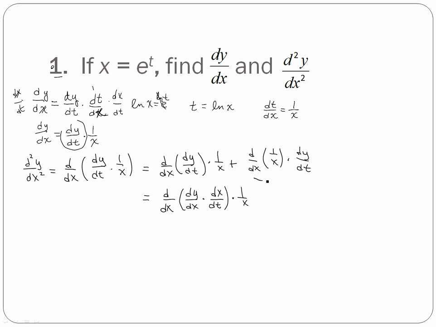And on this second term, I can just take the derivative of 1 over x with respect to x. That's the same as the derivative of x to the negative first, which would be negative 1 x to the negative second, or minus 1 over x squared dy dt.